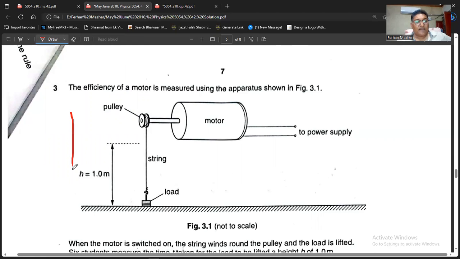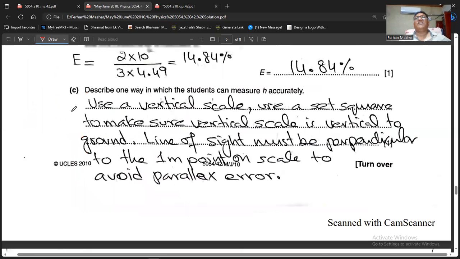You can place a vertical scale here, and you can place a set square to make sure that it's vertical. These are set squares. This is how you will measure the height. Use a vertical scale. Use a set square to make sure the vertical scale is vertical to the ground.